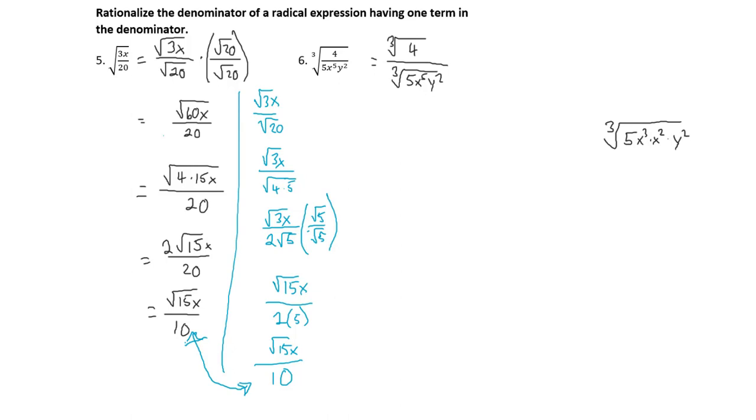So this one, I'm going to go ahead and change colors. We need an additional 5 squared to turn that into 5 to the third. This one, we need an additional x, and this one, we need an additional y. So we're going to multiply by the cube root of 25xy. That's what we need to multiply by.